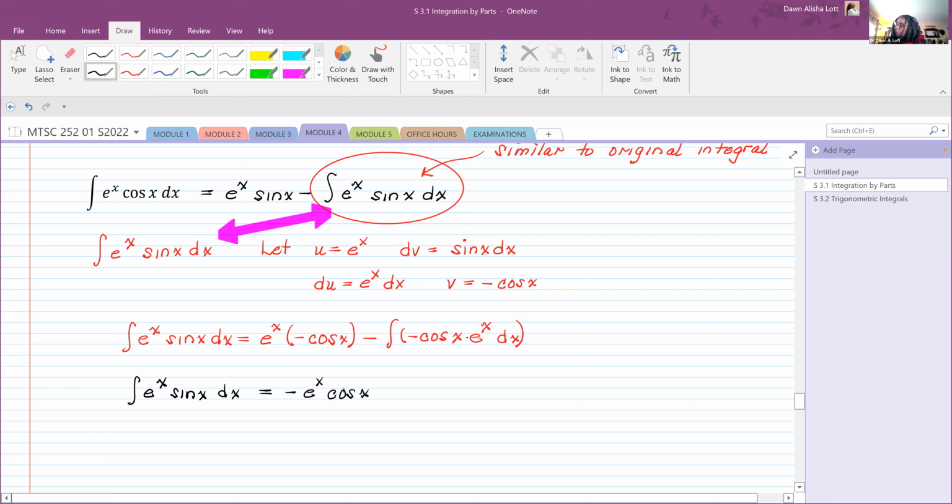See, the minus makes plus the integral of e to the x cosine x dx. Okay, so this is why I called it cat chasing its tail. So everybody see what I'm talking about?